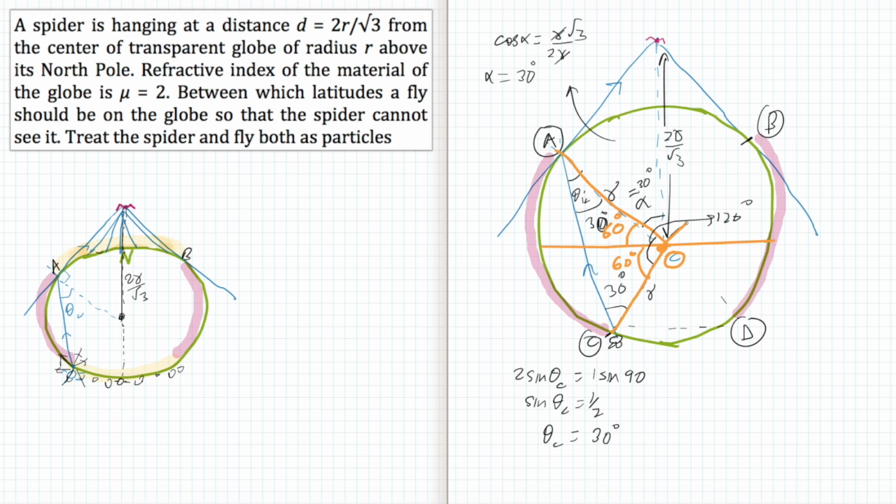Similarly on the other side, also 60 degrees north and 60 degrees south. If the insect is between these two positions, the spider will not be able to see the fly, and if it is between A and B, it can directly see it. If it is between C and D, it can see by the refracted rays. So the answer would be between 60 degrees north and 60 degrees south.